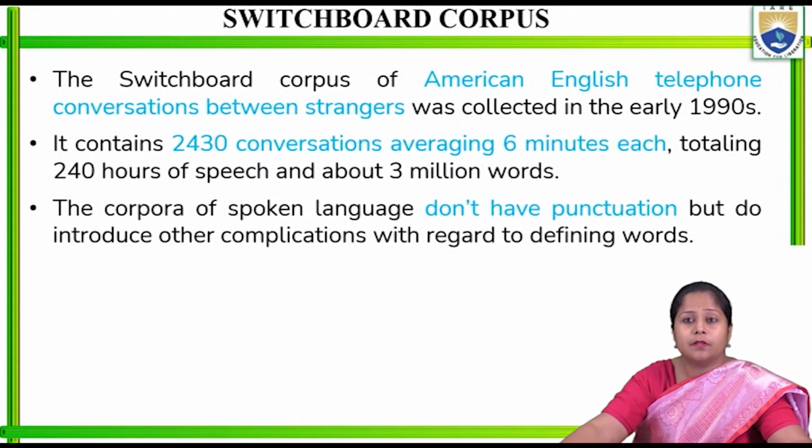The corpora of this spoken language don't have punctuation, and we have to introduce it, because otherwise it makes things complex, and because of this complexity we cannot define the different words and sentences. It will just have stop words, and we don't know when a sentence is complete. So whenever we consider audio files without punctuation, we as researchers and users need to identify those.